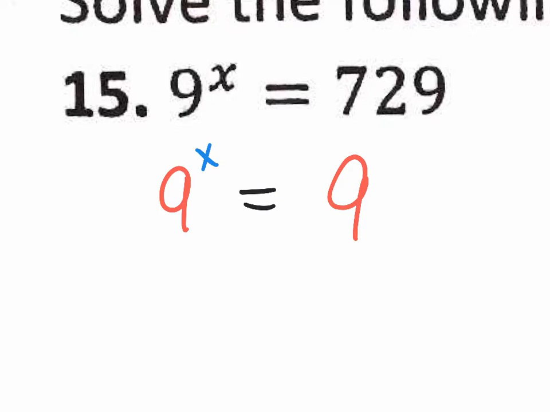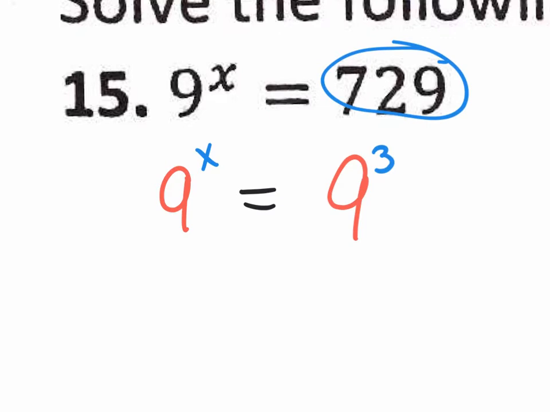So on my calculator, I start guessing. 9 to the power of 4. Nope. Too big. 9 to the power of 3. Yep. 729. So in this situation, my 729 could be rewritten as 9 to the power of 3.